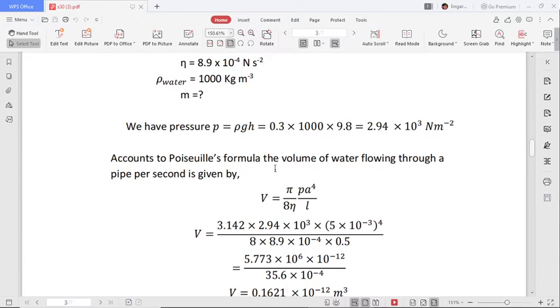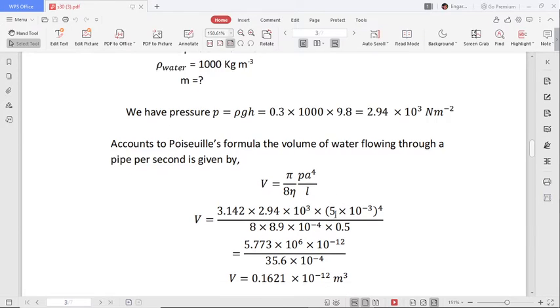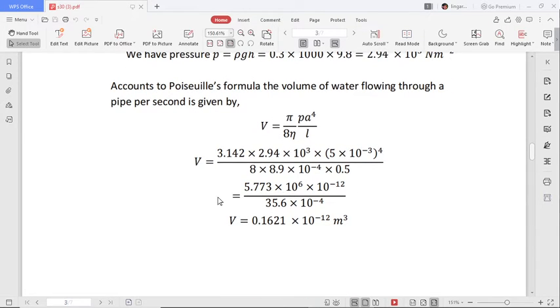According to Poiseuille's formula, the volume of water flowing through a pipe per second is given by V is equal to pi P a to the power of 4 by 8 eta L. So substitute all these values to get the value of volume. That is equal to 0.1621 into 10 to the power minus 14 meter cube.